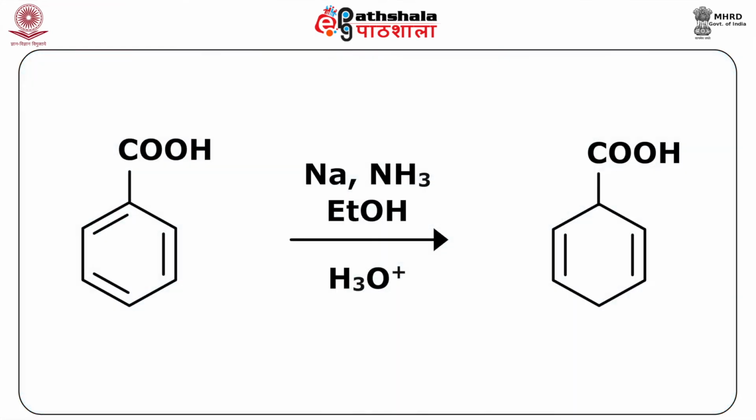Taking an example of the reaction of benzoic acid, which leads to the formation of 2,5-cyclohexadiene carboxylic acid. This observation can be rationalized on the basis of carboxylic acid stabilizing an adjacent anion, as a result leading to the formation of the given product.